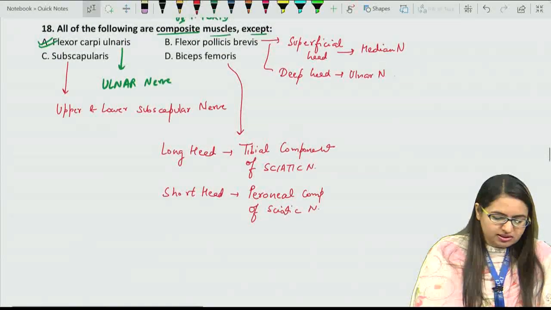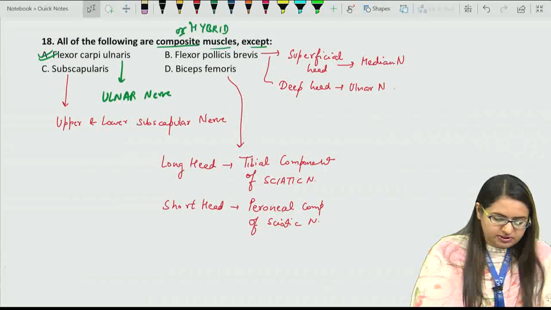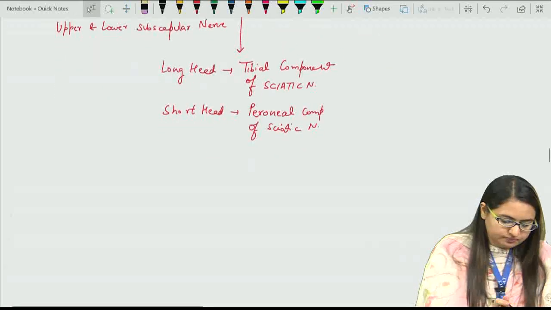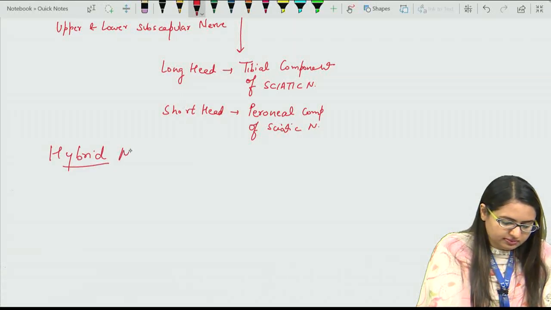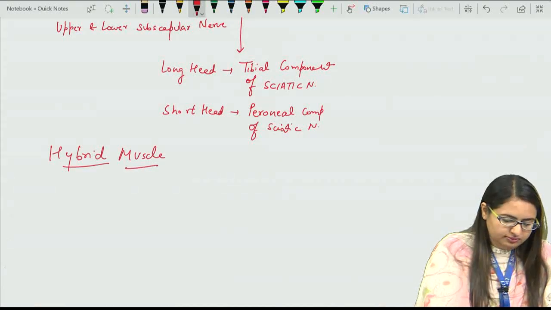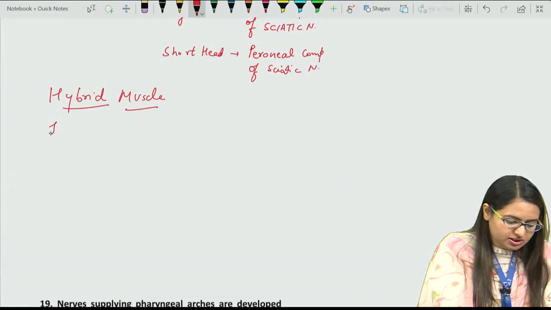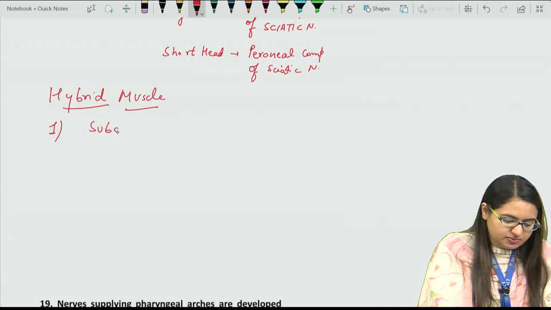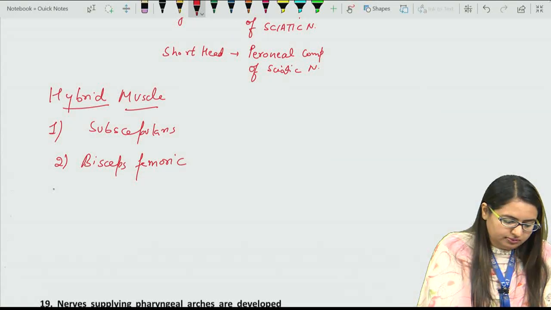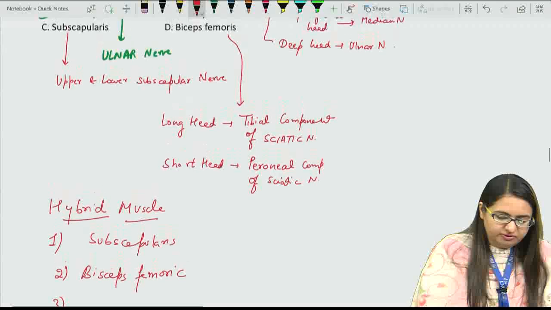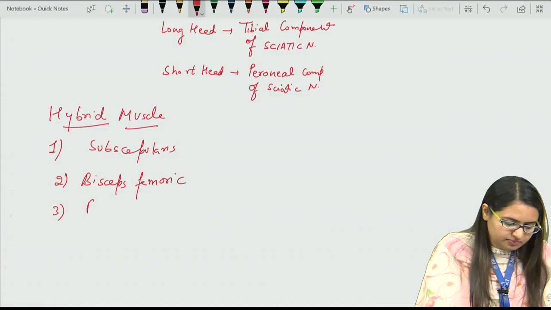Now the other muscles in the body which are considered as composite or hybrid muscles. Apart from this, one we have already said, subscapularis, then biceps femoris we have already mentioned, and the third we have mentioned, the flexor pollicis brevis.